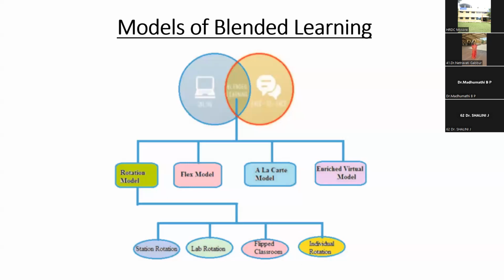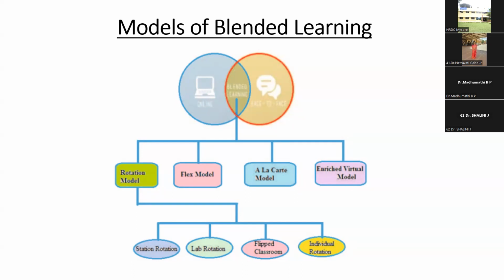Then that is individual rotation, might be individualization. We all agree it is a principle of teaching. We say individualization is very much required while we teach, especially for particular topics. So students individualize; they can choose a schedule for the rotation, or choose the station, that is, the classroom.